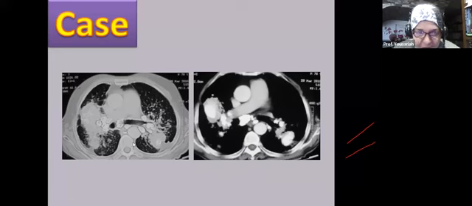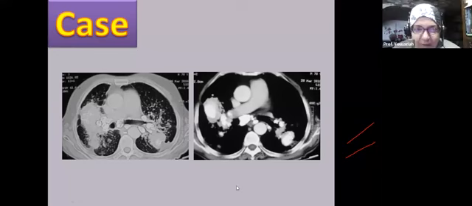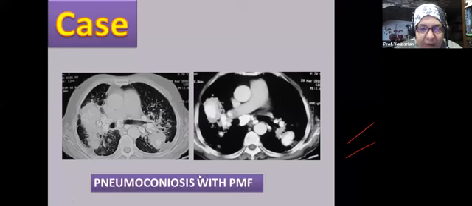This is the eggshell calcification: dense outer, relatively less dense inner calcification of the lymph nodes. In addition, you see there is fibrosis with calcification in the lung, and there is a miliary pattern in the lung. There is a miliary pattern in the lung, and this is a case of pneumoconiosis with progressive massive fibrosis.